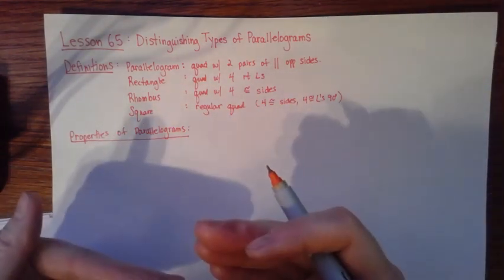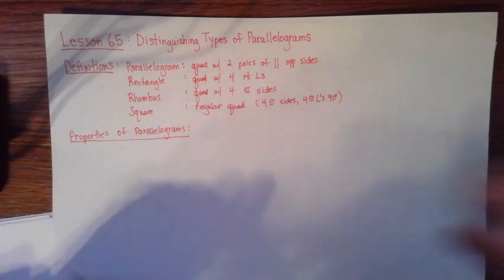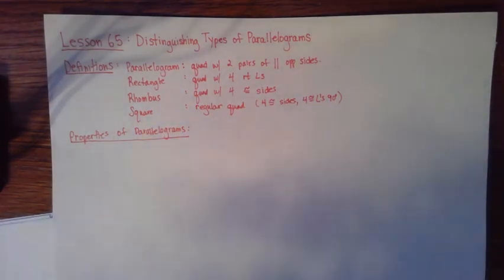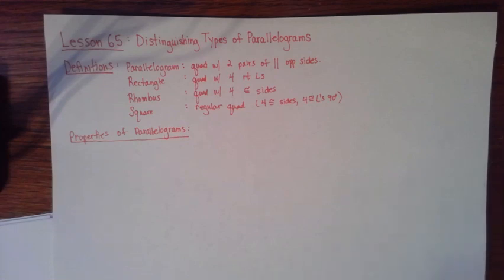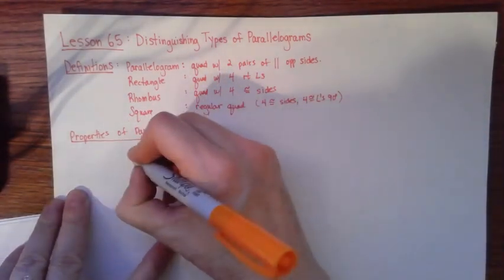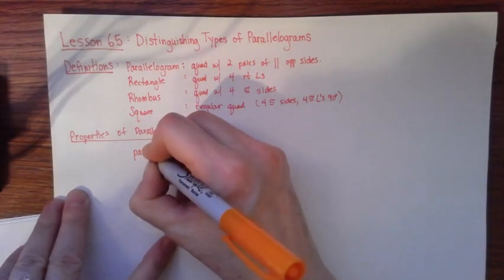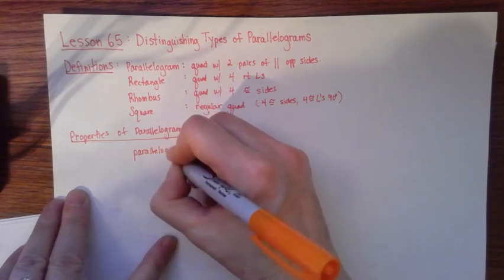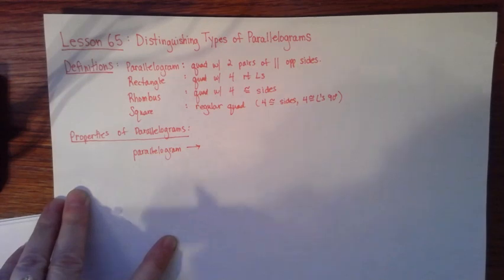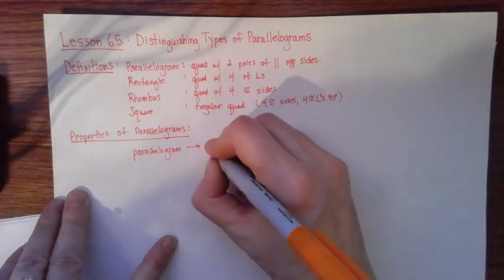I already know it's a parallelogram, and because it's a parallelogram, I can conclude these other things. So if it's a parallelogram, what do we know is true? Well, we know that its opposite sides are congruent.